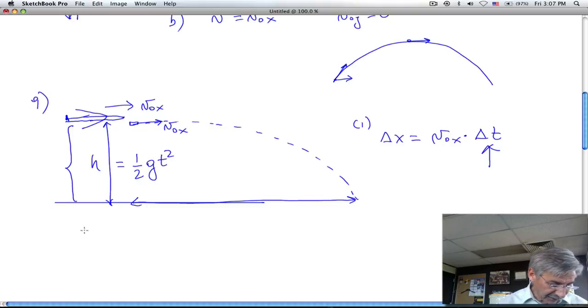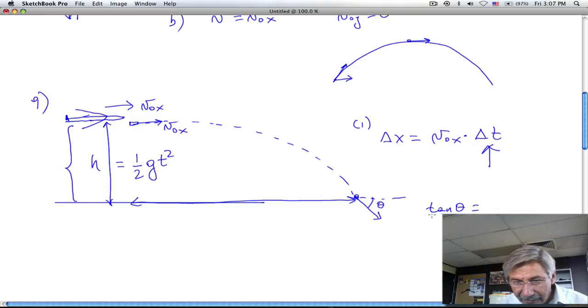The direction that the bomb is moving is given by this angle. The tangent of that angle is the vertical component of the velocity here divided by the horizontal, which is v0x.